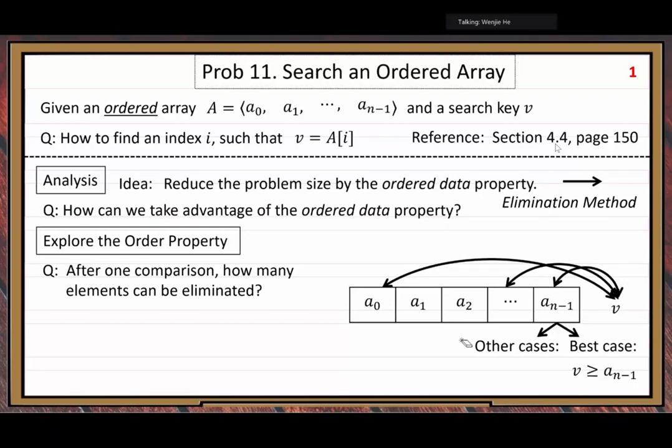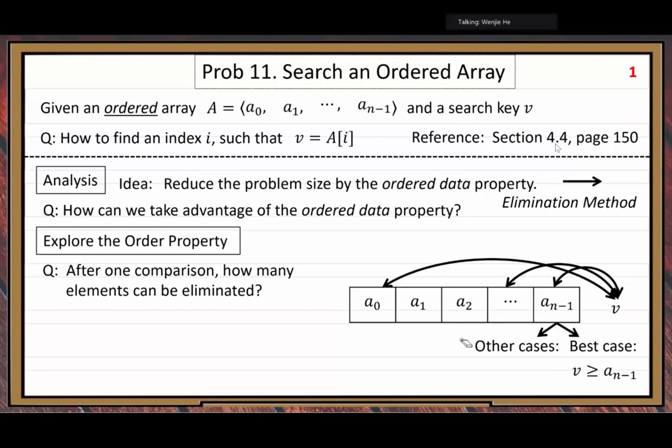Now you can see, obviously, if you use the elimination point of view to understand this step, what conclusion can you make? Two cases. For the best case, you get the maximum elimination, right?